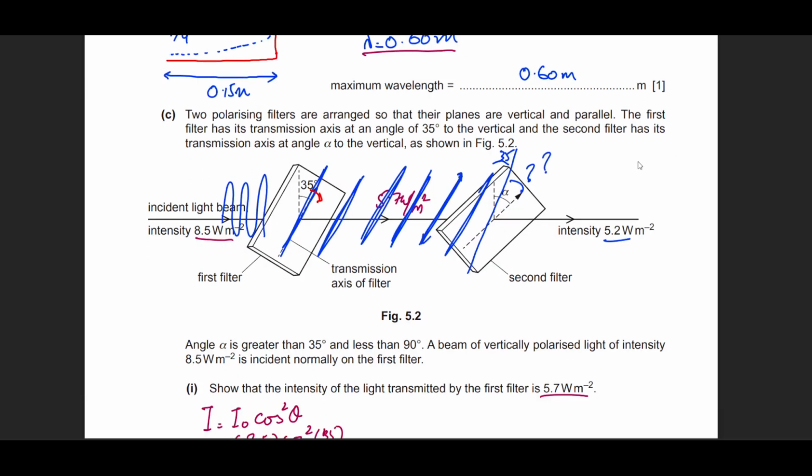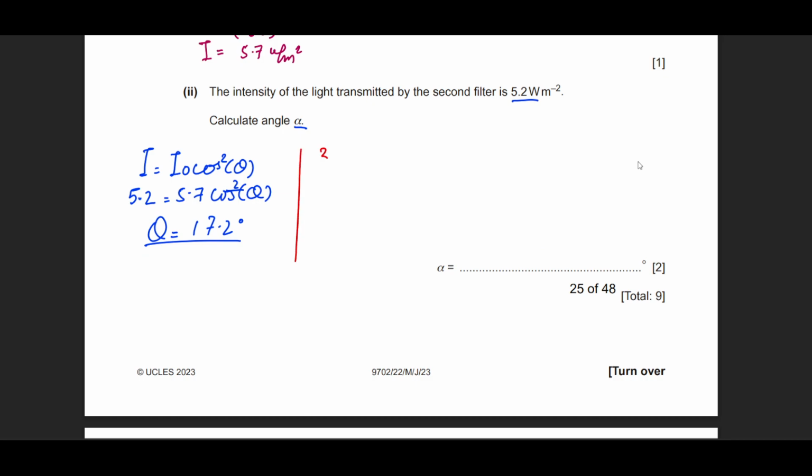How much more have we changed the angle? We have changed the angle to 17.2 degrees further at this point, so that now if we send 5.7, we get 5.2. So alpha, according to the diagram, is the complete angle from the starting point. So 35 plus 17.2 gives me an answer of 52 degrees. So this is going to be 52 degrees, right?